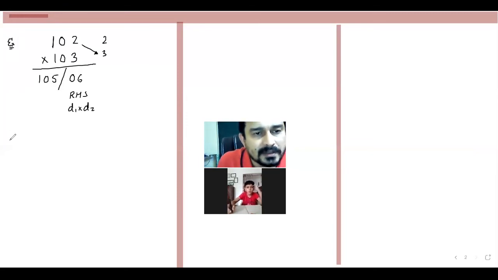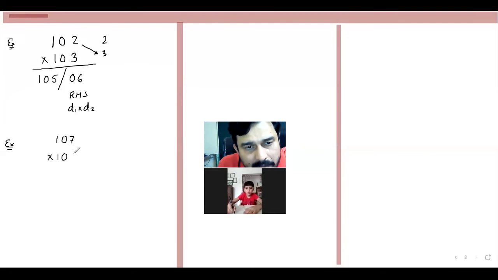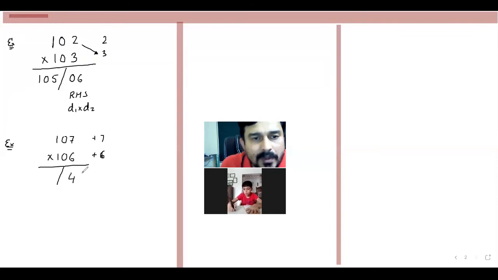Let us take another example. If the numbers are 107 and 106, you will multiply 7 times 6, which is 42, and then 107 plus 6 is 113. Is it clear?